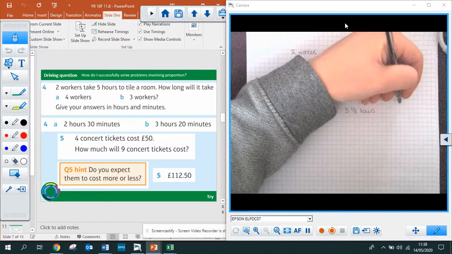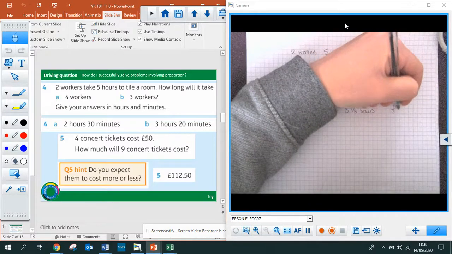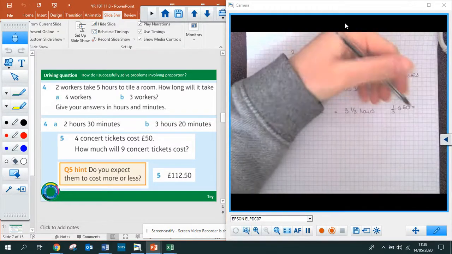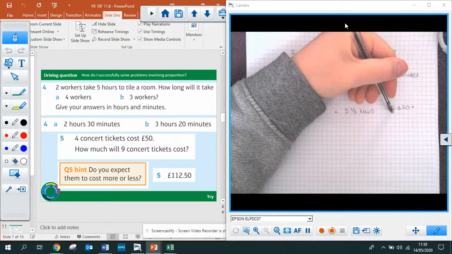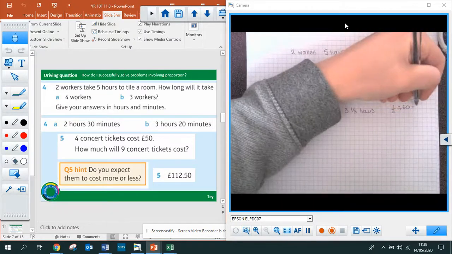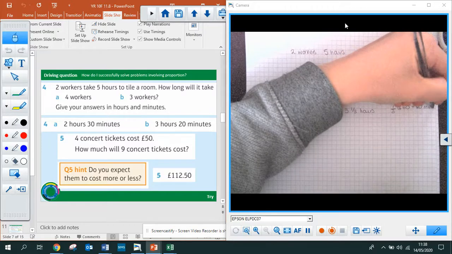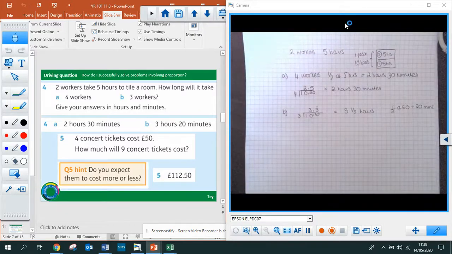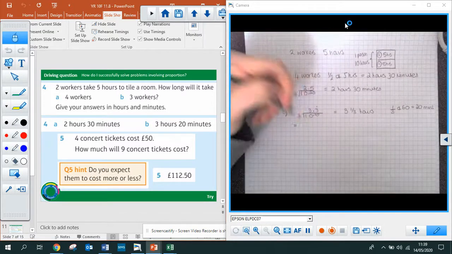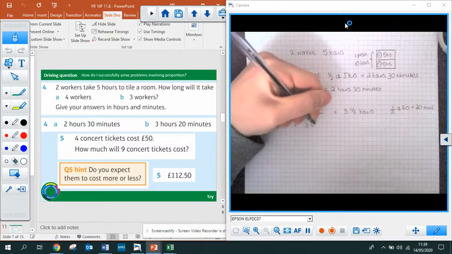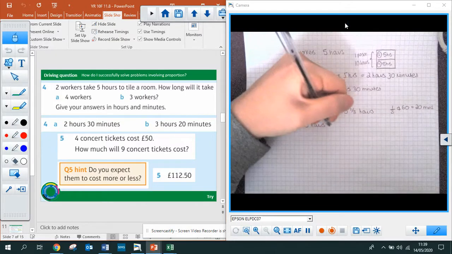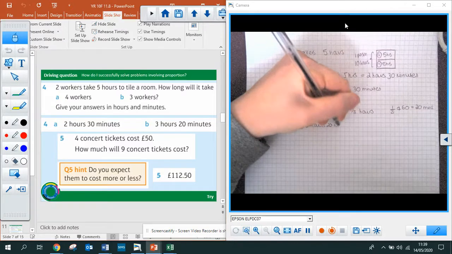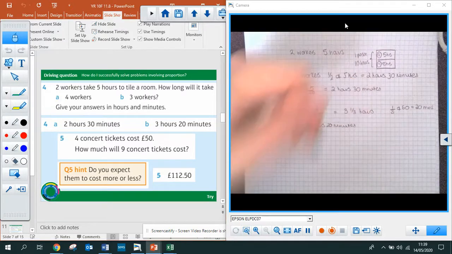A third of 60 minutes: 60 divided by 3 is 20, times by 1 is 20. So that's 20 minutes. So my answer is it's going to take 3 hours and 20 minutes for 3 people.